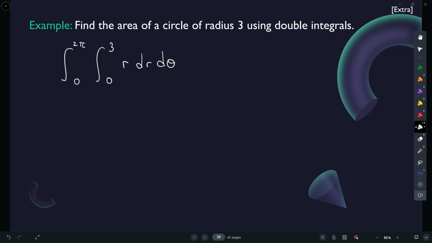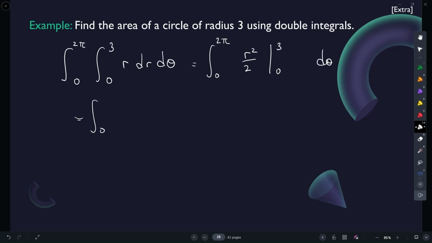Okay, so I can do that. First, we integrate the inside. The integral with respect to theta is just the same, but the integral inside, the integral of r, will be r squared divided by 2 with respect to r, and I'm going to evaluate between 0 and 3.